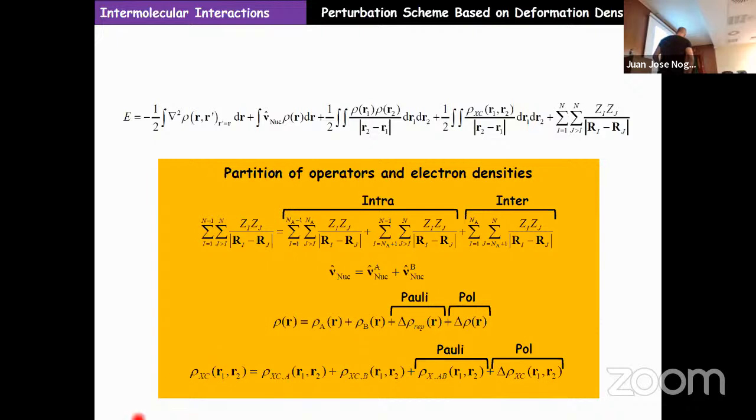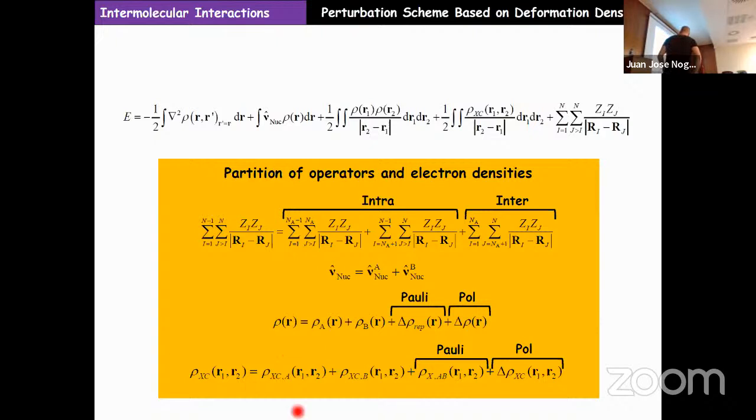And I can do exactly the same with the exchange correlation density. We will see later that this exchange correlation density is easy to obtain in Hartree-Fock, but post-Hartree-Fock it's a very hard task. We make an approximation that is quite good, I think.